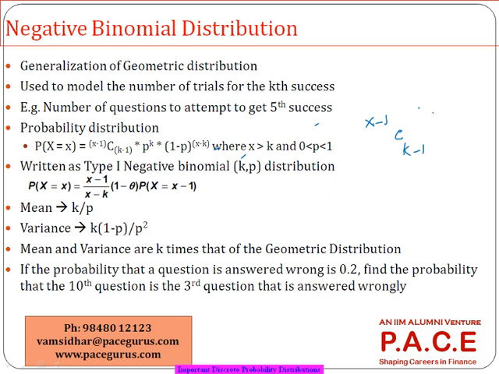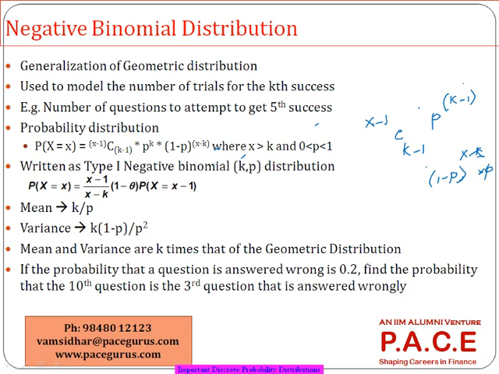Using the binomial distribution formula, this is nothing but p power k minus 1 into 1 minus p to the power x minus 1 minus k minus 1, which is x minus k. This is in x minus 1 attempts getting k minus 1 successes. Now the kth one is a success. I mean the next one is a success, so multiply it by p.